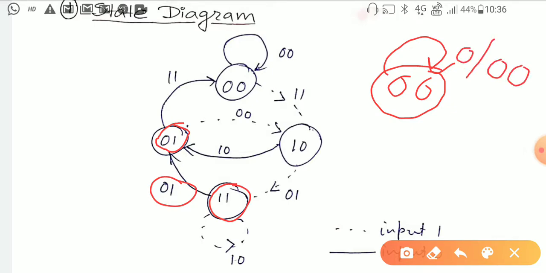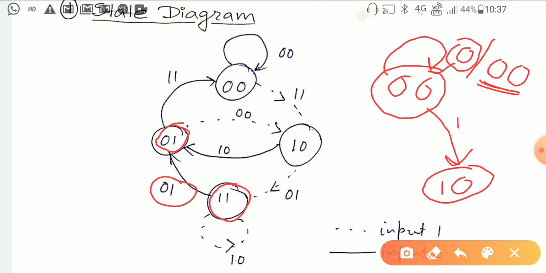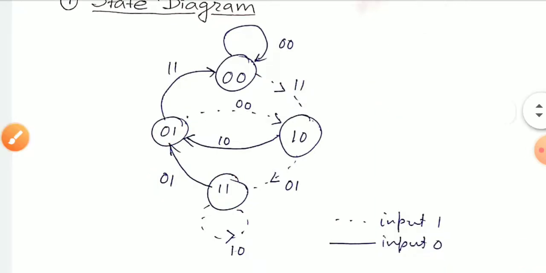So here the first 0 indicates the input, and the slash 0 0 indicates the output. And for the input of 1, the next state value is 1 0, and you can write it as 1 slash 1 1. Look, 1 1 is the output, so it is written as the output, and this line is due to the input of 1, so it is written here as the input 1.